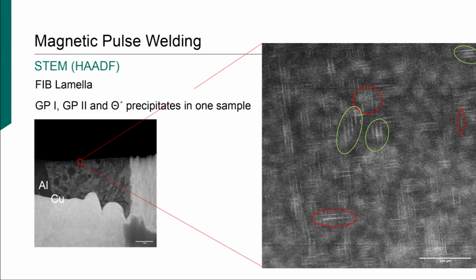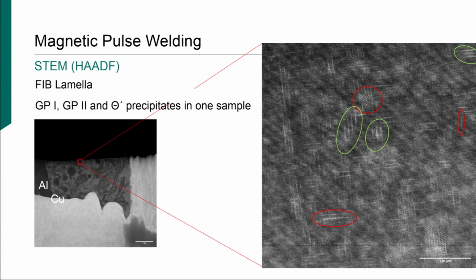While these here have a stoichiometry of aluminum to copper, and I think it's a copper-rich outer layer, and then there's a sequence of aluminum-copper layers.